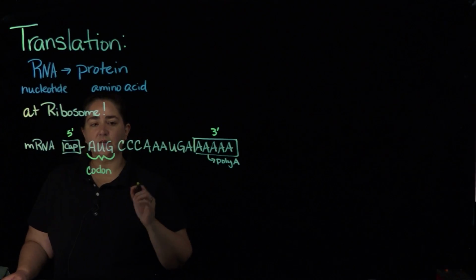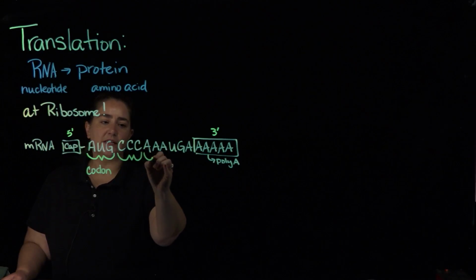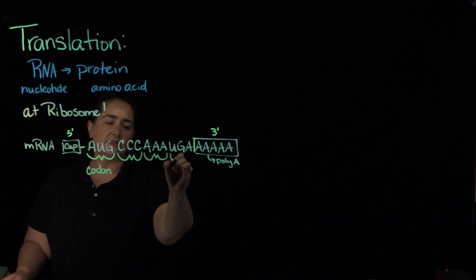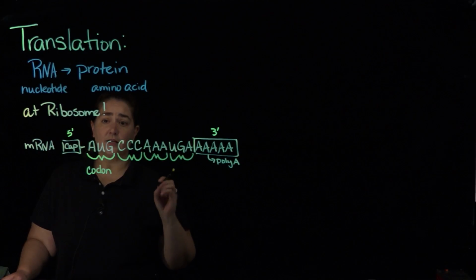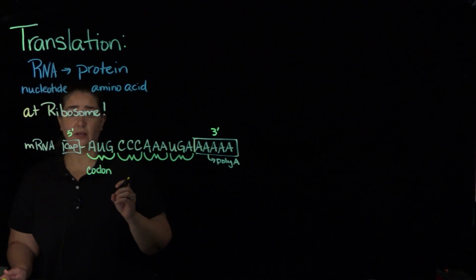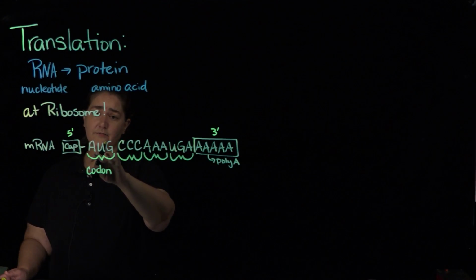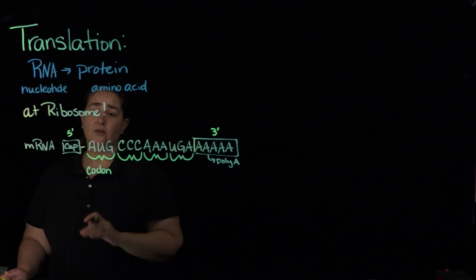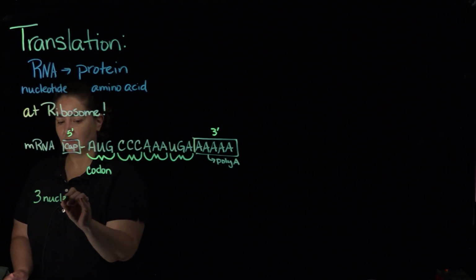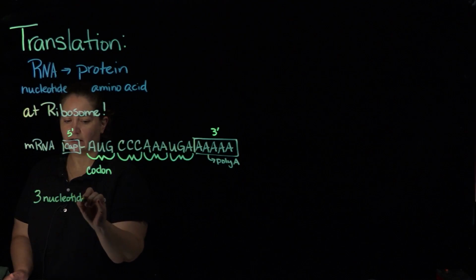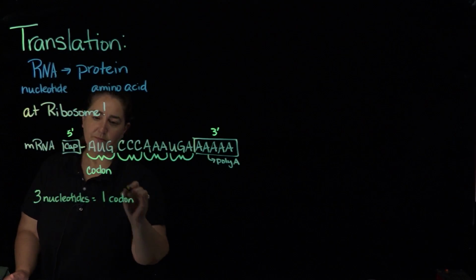So the way the ribosome is going to read these nucleotides is in 3-unit blocks, okay? So we've got 3 nucleotides together. Those 3 nucleotides are going to equal a codon. So 3 nucleotides is going to give us a codon.